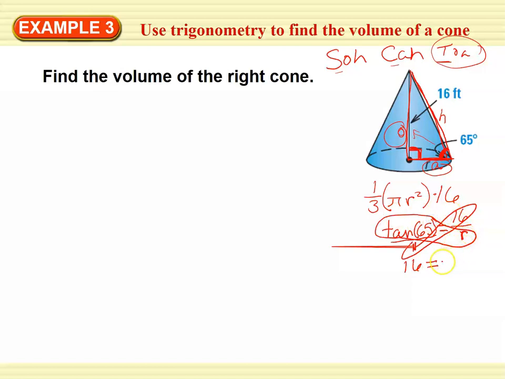I can't multiply by r because I don't know it, so that's r times tangent of 65. I think I said tangent 16 before, sorry. Tangent of 65. So now I've got r times that tangent, so I need to divide by tangent of 65.